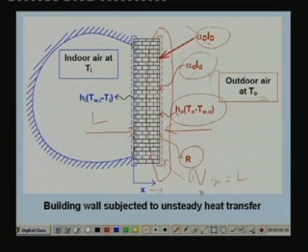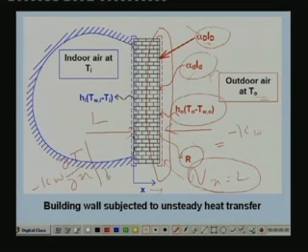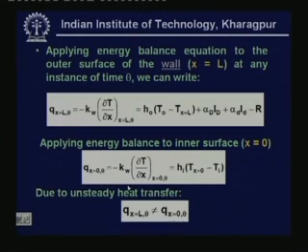So Q at x equal to L is equal to the sum total of all these, and that should be equal to minus k wall dou T by dou x at x equal to L, which is the conductive heat transfer from the outer surface into the wall. So this is the heat balance equation for the outer surface, that is what is shown here.